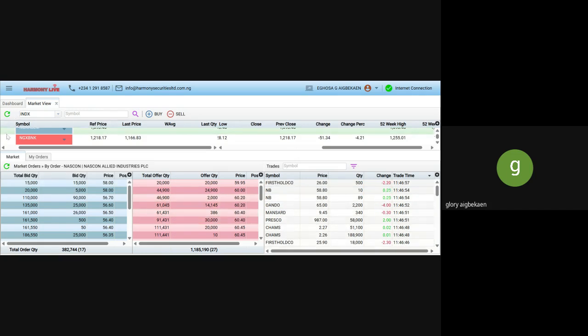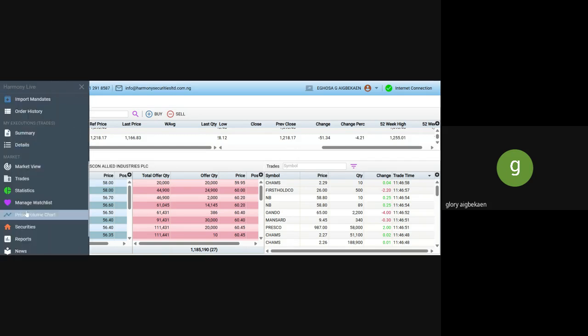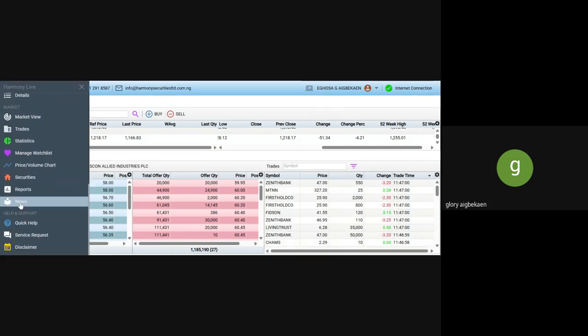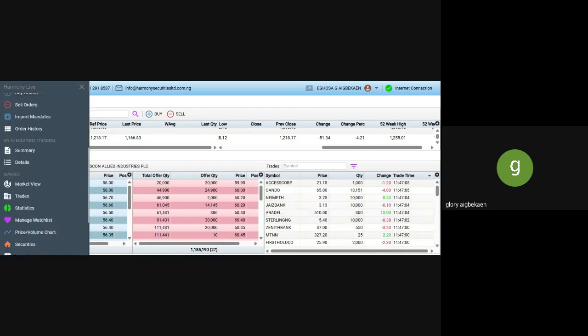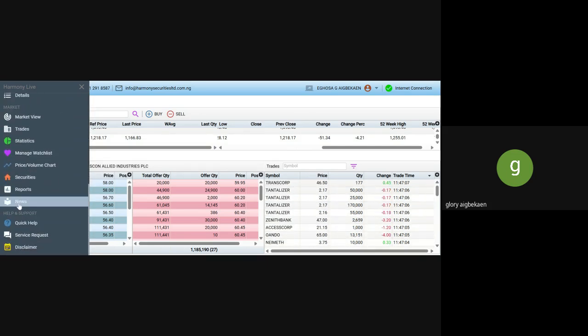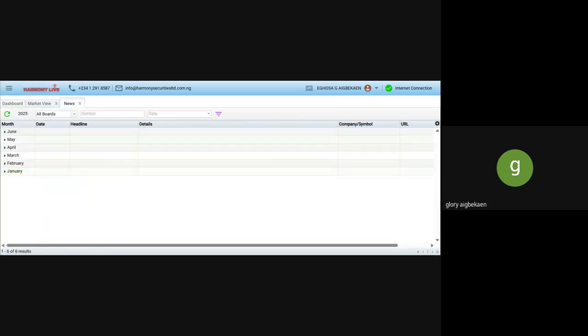You can quickly look at the window for news. Under the main menu, there's a place you click, you see news there. Click on that news, for June.